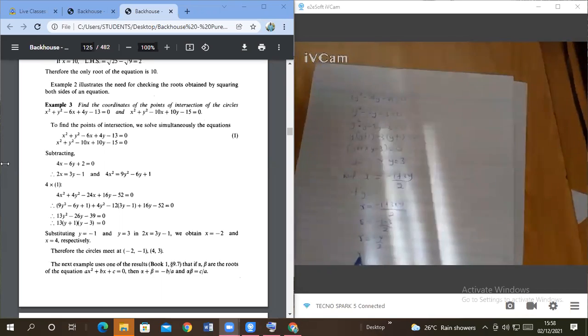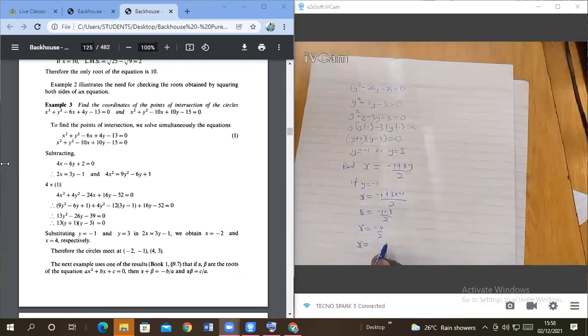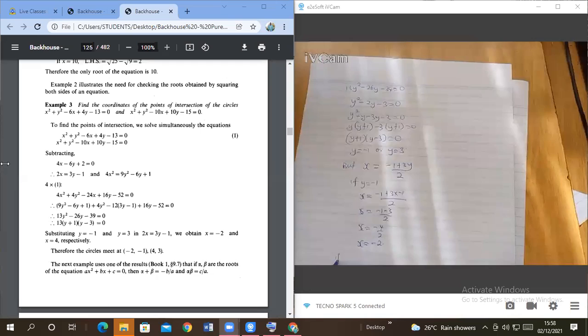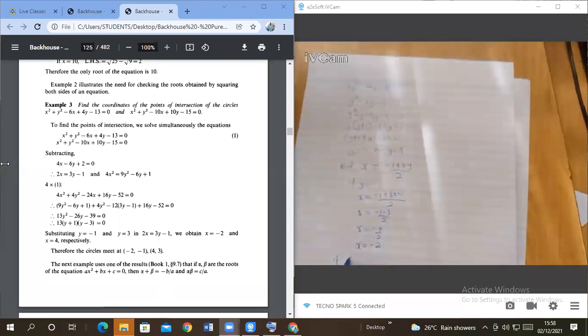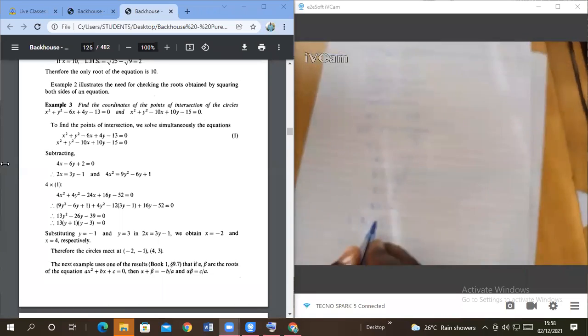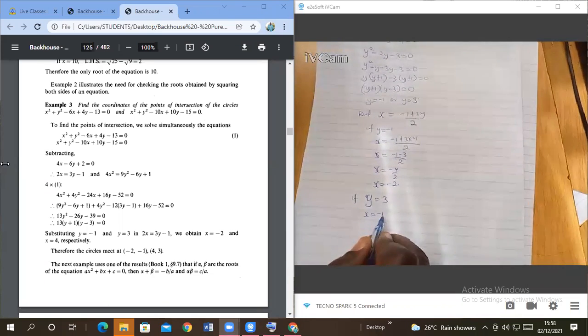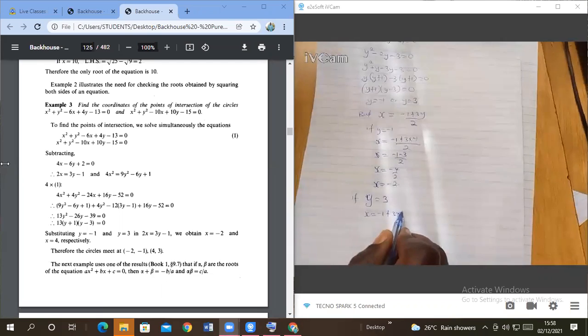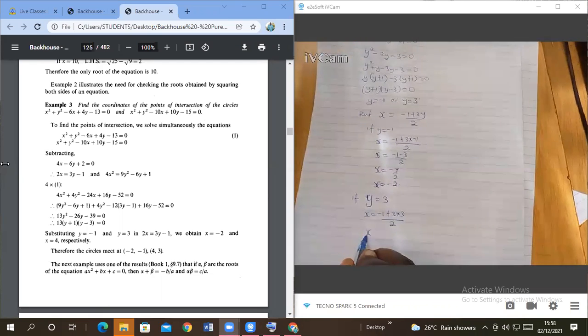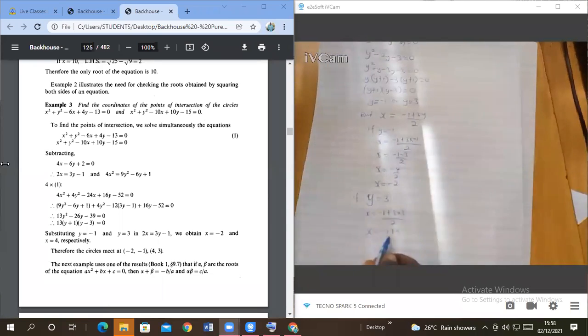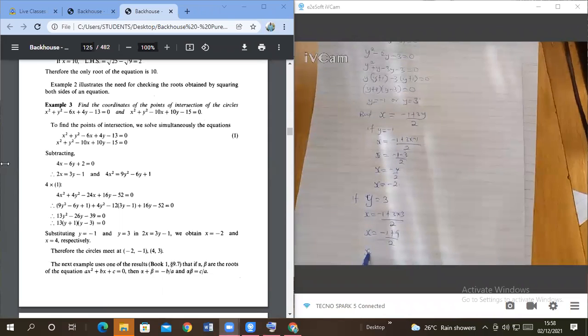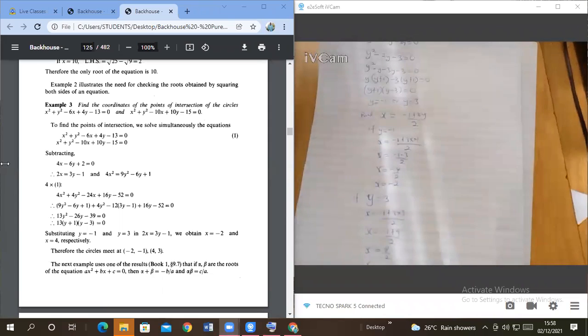What is the value of x eventually? Negative 2. And if y is 3, then x becomes negative 1 plus 3 times 3 over 2, which gives us negative 1 plus 9 over 2. And x should be 8 over 2, giving us 4.